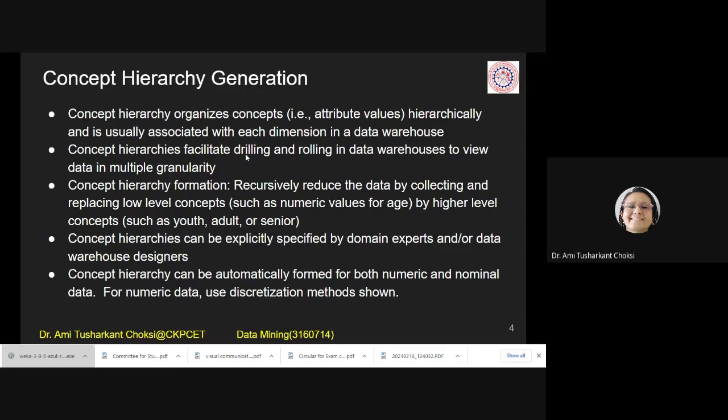Drilling. Drilling is the operation wherein we are going into detail of a particular concept. Drilling is going deep into a particular concept. Suppose we are having a data cube and we are having city. Now if we want to go into the detail of city, we must consider the areas of it, isn't it?